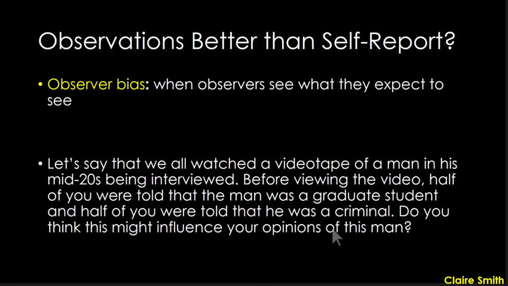Or instead of being angry, you might say the graduate student is just tired or stressed out because he's busy, so on and so forth. Observer bias definitely comes into play. So when you are doing observations, you want to try to avoid all biases. We'll talk about this a little bit more later on as well.